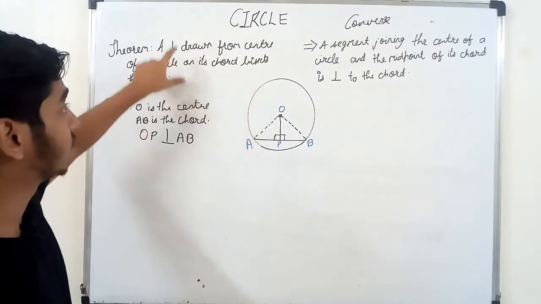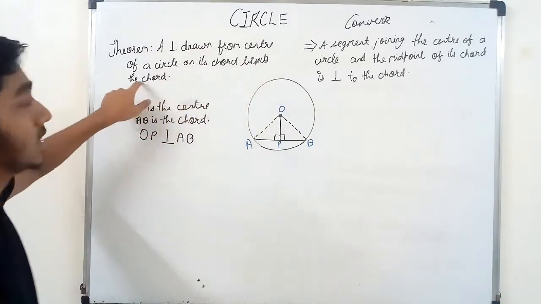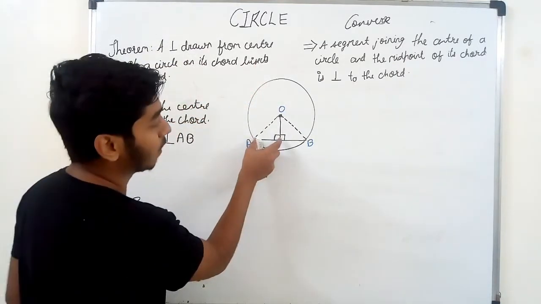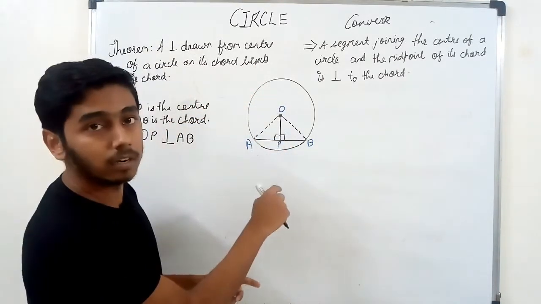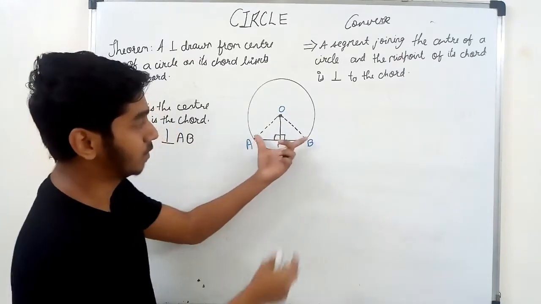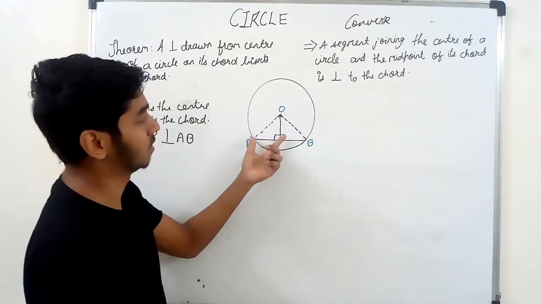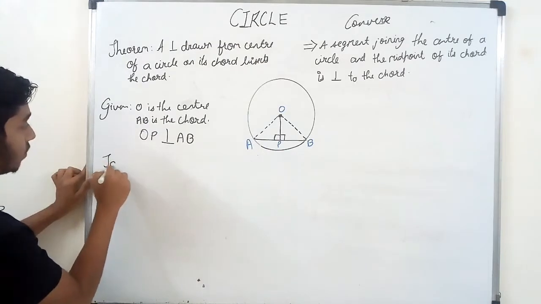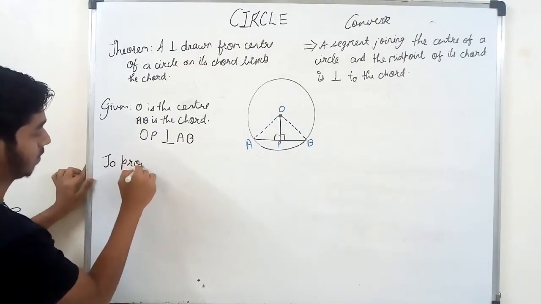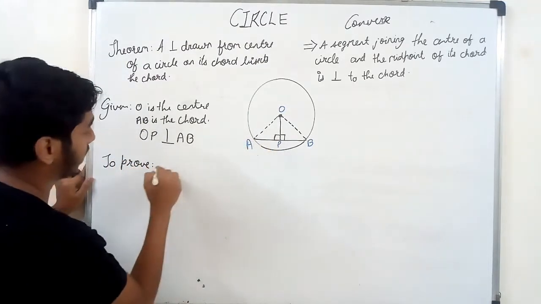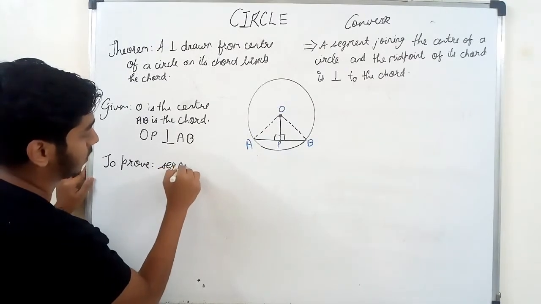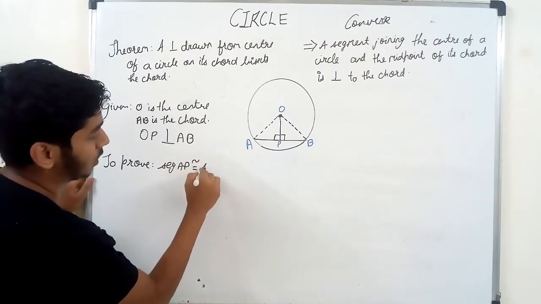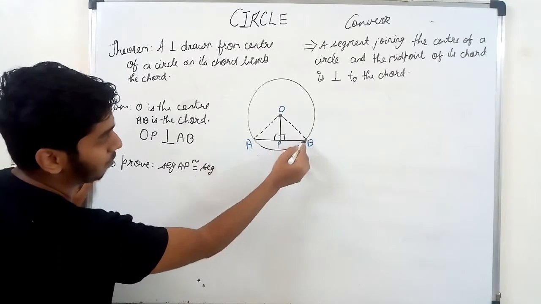If this is given, we need to prove that it bisects the chord, means it divides the chord AB into equal parts. So to prove: segment AP is congruent to segment BP.